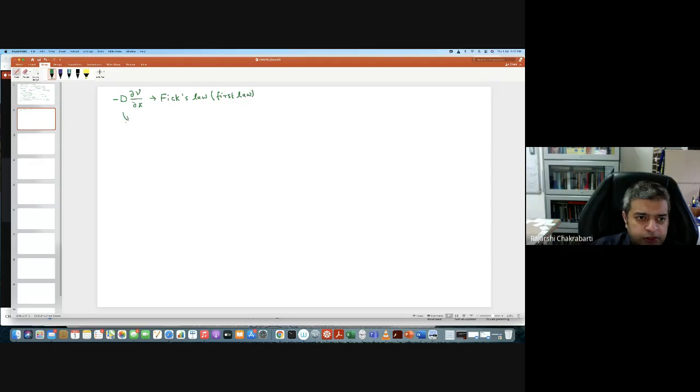This is called diffusion flux. And this is exactly the same thing, no? Number of particles per unit area per unit time. So now I can just equate these two.